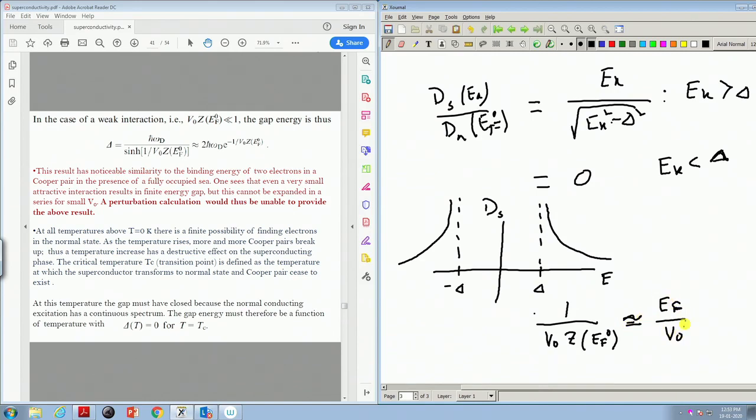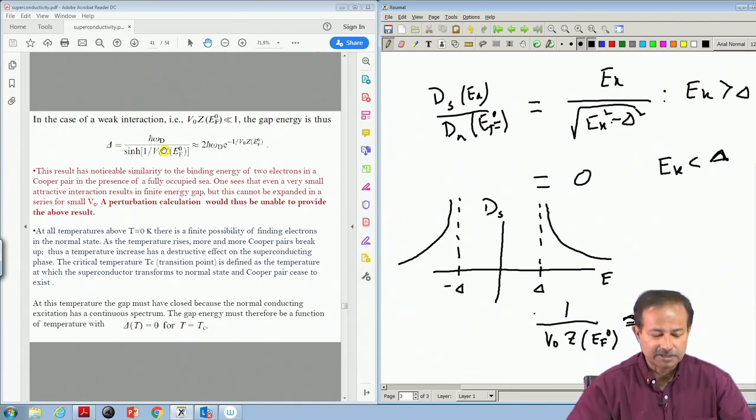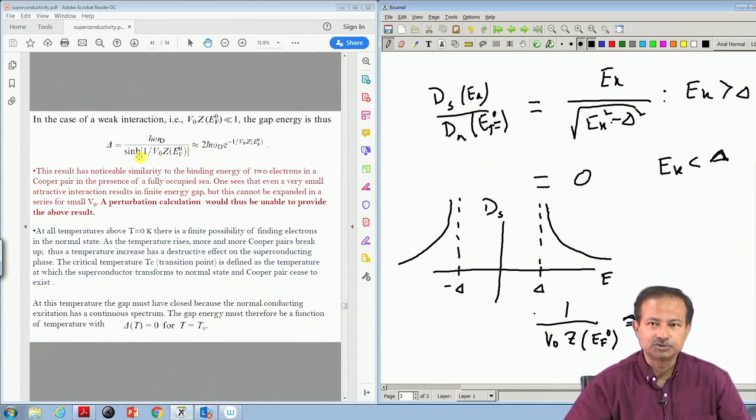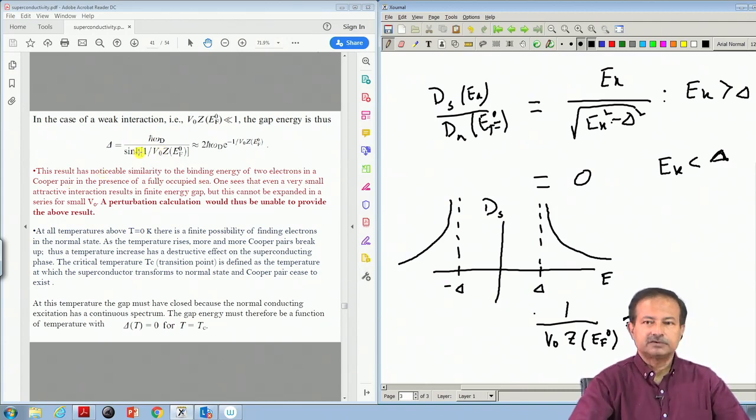And now you see this is very large. Sinh has e to the power x minus e to the power minus x, out of which you just take the one which is larger, that means e to the power plus x, because the argument inside is very large.